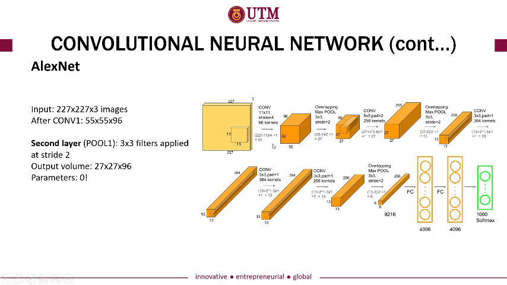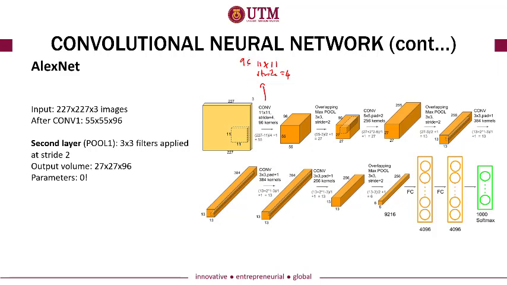At this convolutional layer, the filter size is 11 times 11, and you have stride equal to 4, and this 96 is actually the number of filters, meaning you have 96 filters of 11 times 11.